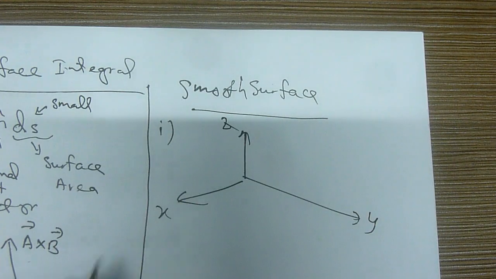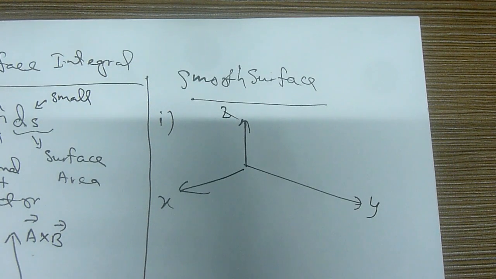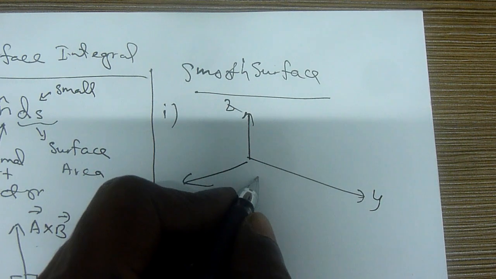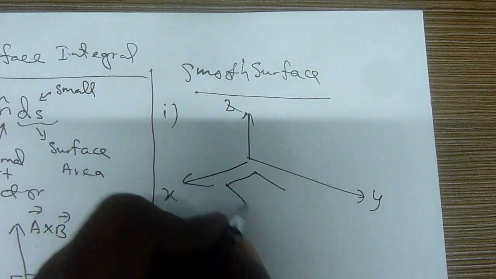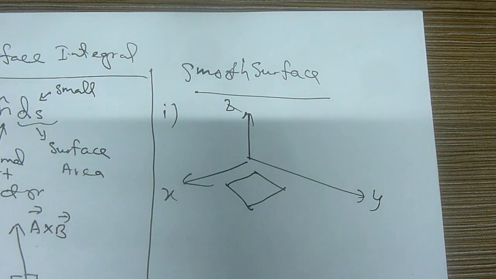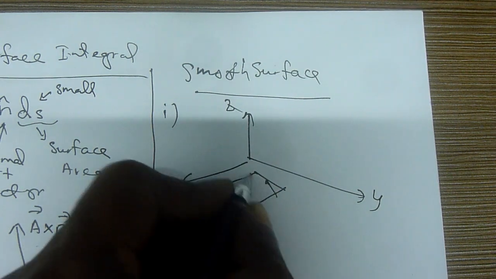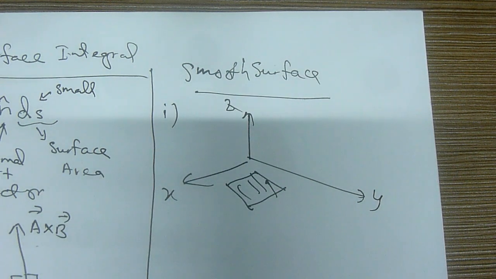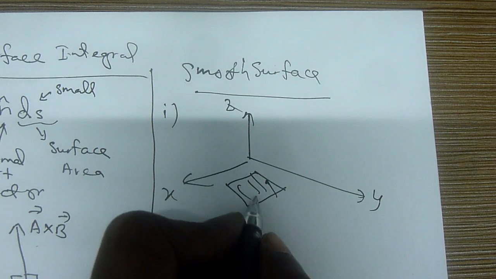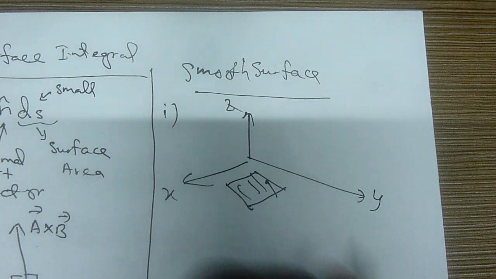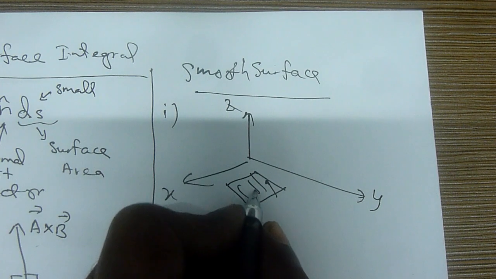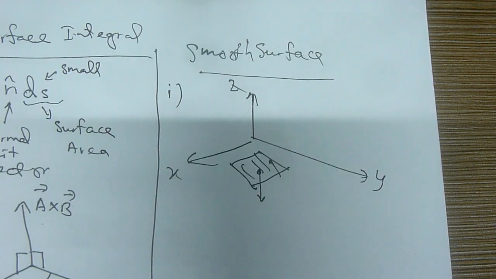If in the Cartesian coordinate system the smooth surface is this case, and this is a surface, let's say we define the surface smoothness based on the normal unit vector. Let's say the normal unit vector is pointing below.